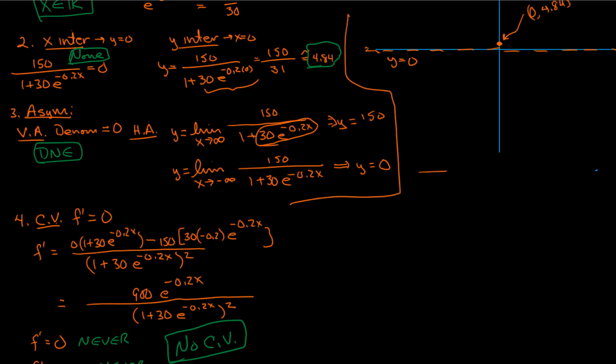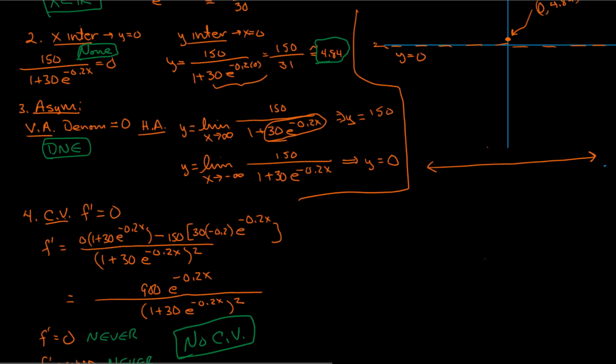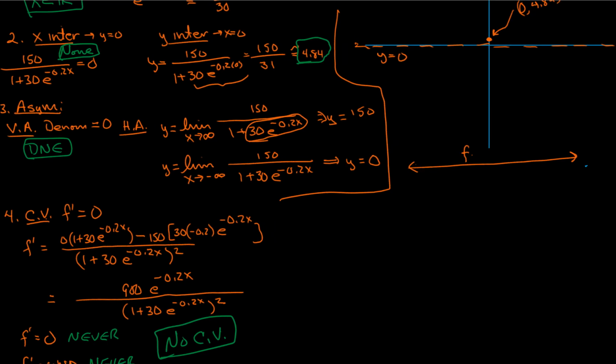And I'm going to put in my first derivative test. There are no critical values, so it's going to wind up being the same value for my derivative at any value of x. So I'll pick something simple like 0.